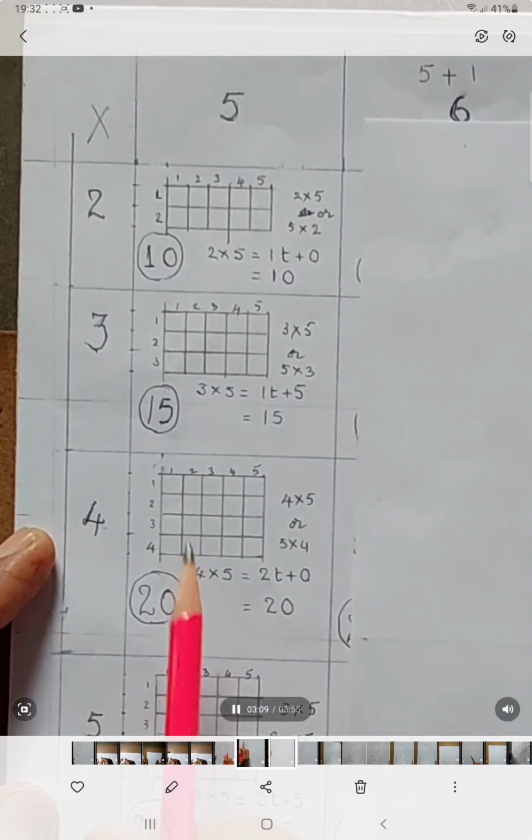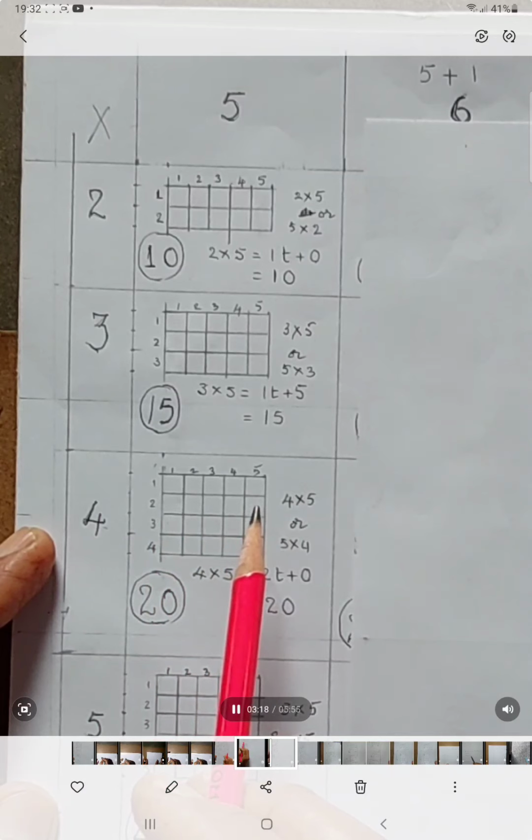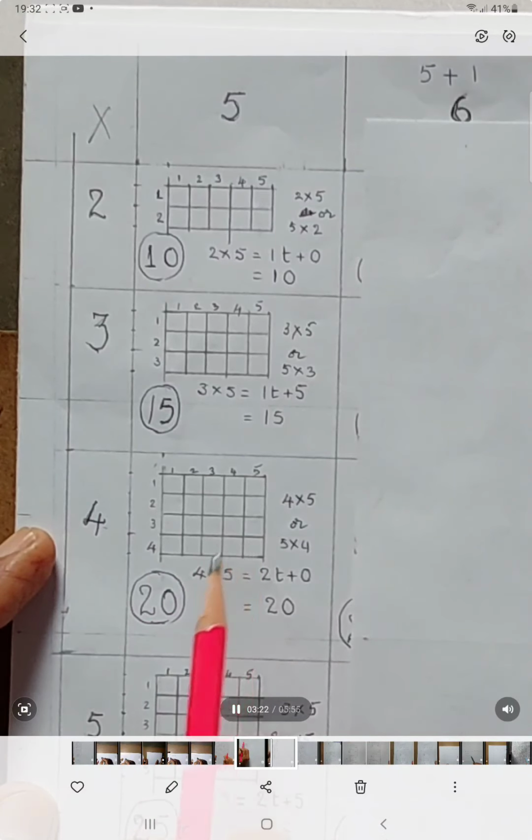And we can count 4 times 5 like this. The first 2 5s give us the first 10, then the next 2 5s give us the second 10. So 4 times 5 is 2 tens and nothing else. So that is 2 tens and nothing, or 20.